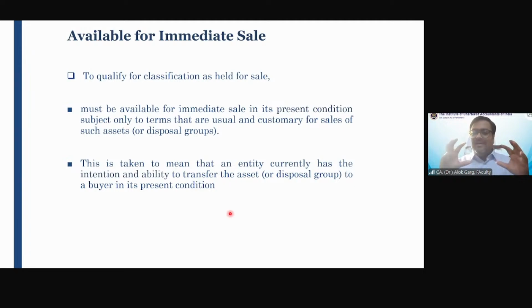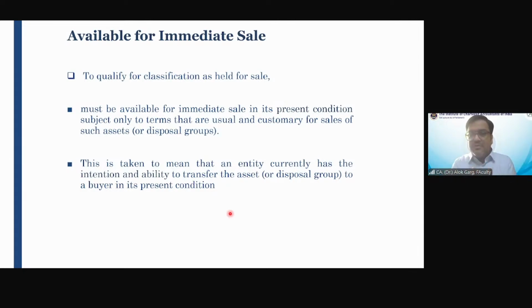So to be classified as available for ISPC, available for immediate sale in present condition, intention and ability both should be there. Correct? Friends, now have you understood the difference between available for sale and available for immediate sale in present condition?